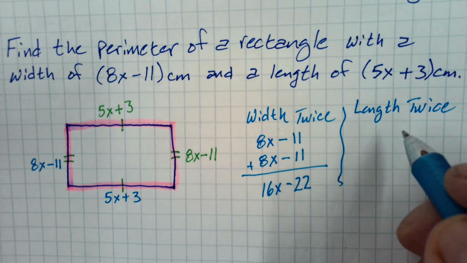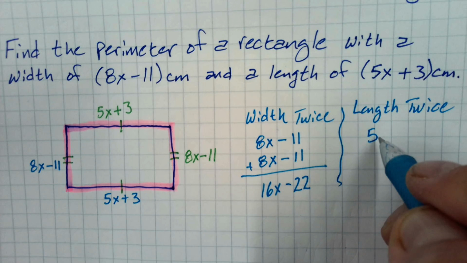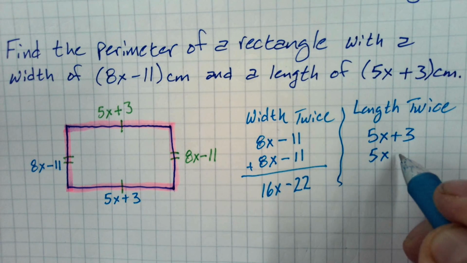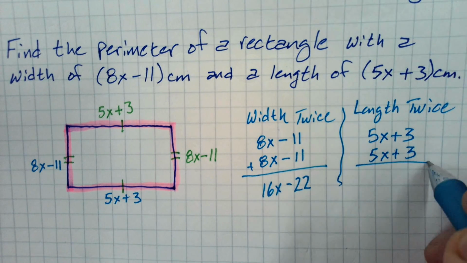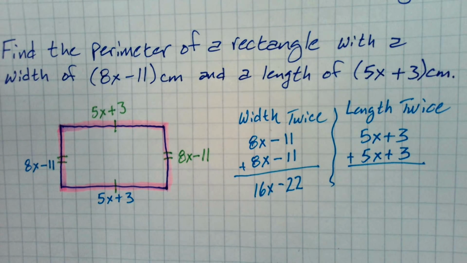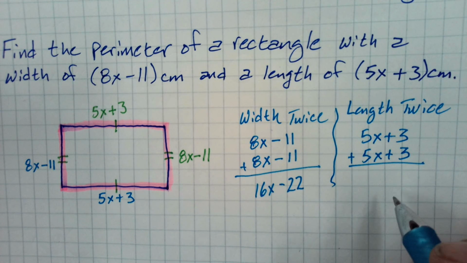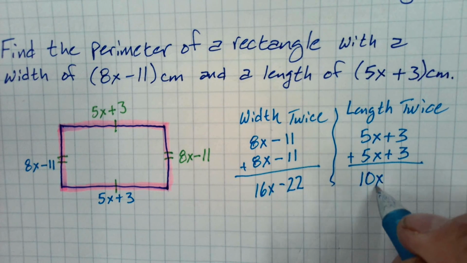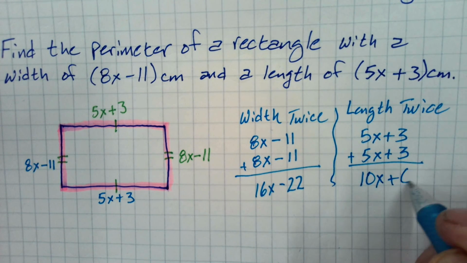Okay, so that was 5x plus 3. And then another 5x plus 3. And I'm going to just add it this way. What does that give me? 10x plus 6. Yeah, that's 10x. And 3 and 3 makes 6.